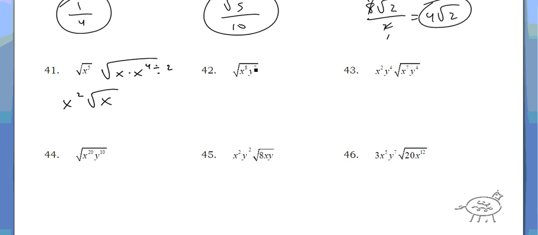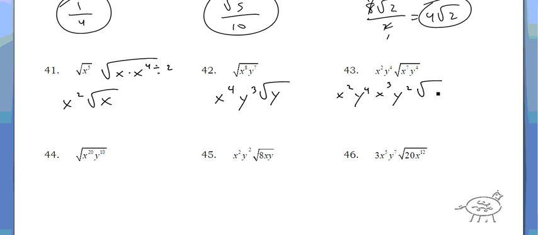Square root of x to the 8th is x to the 4th, right? 8 divided by 2 is 4. And 6 divided by 2 is 3, and you got a leftover. Okay, so I have x squared y to the 4th. 7, well, it's going to be 6 divided by 2 is 3. 4 divided by 2 is 2.